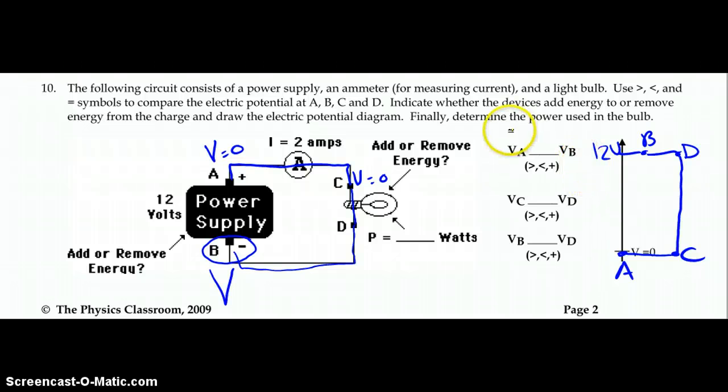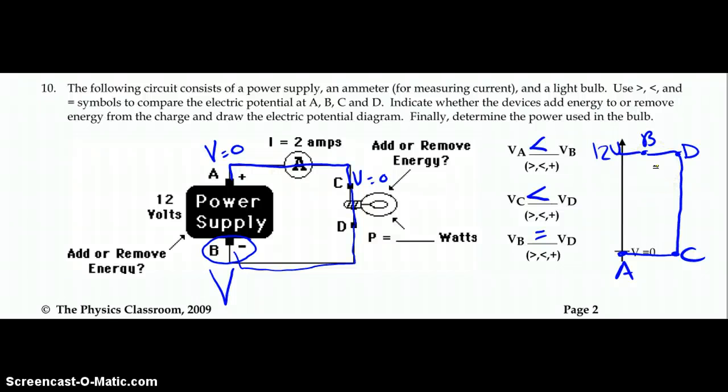Okay, so A, clearly from the diagram there on the right, is less than the potential at B. C is also less than the potential at D. We have dropped our potential. We've lost potential as we've gone through the light bulb. And then B is going to be equal to D. We're not going to have any change between those 2 points because we're assuming the wire is essentially perfect.